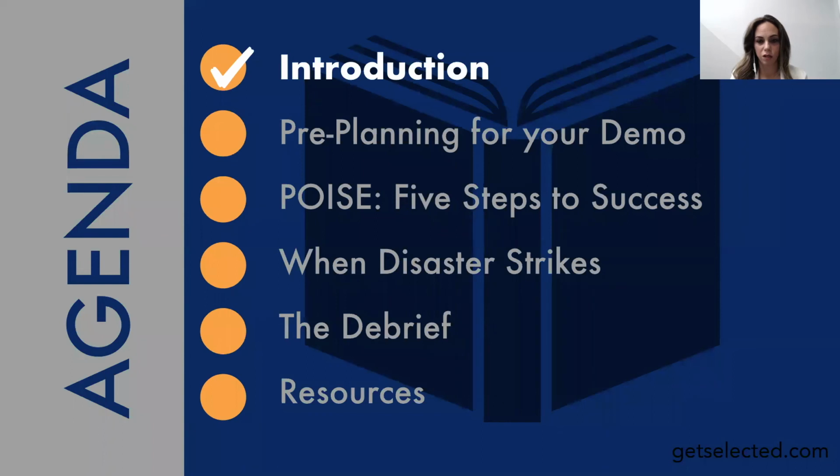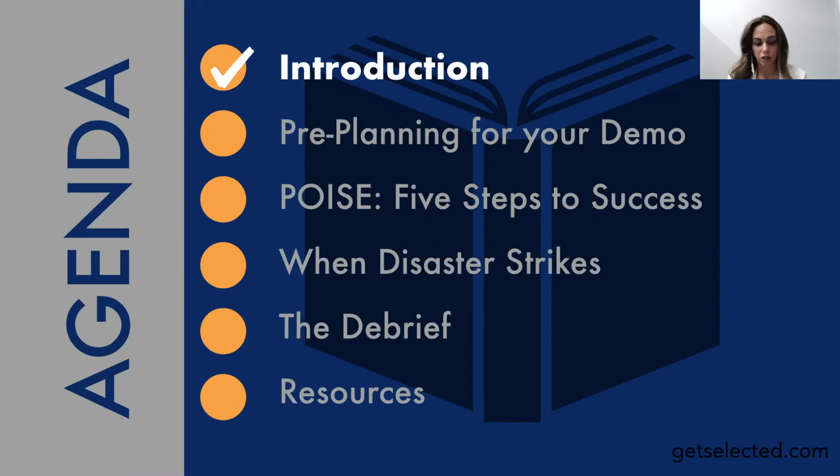So that you have an idea of what to expect for tonight, this whole course should be about 45 minutes. This is our agenda. First, we're going to talk about how to plan for your demo lesson before anything has happened, what questions to ask, and what to keep in mind when you're planning your lesson.